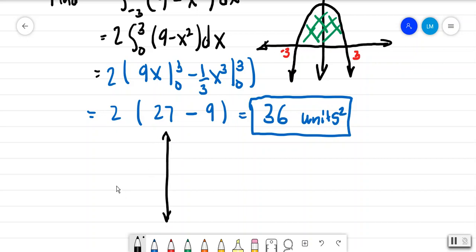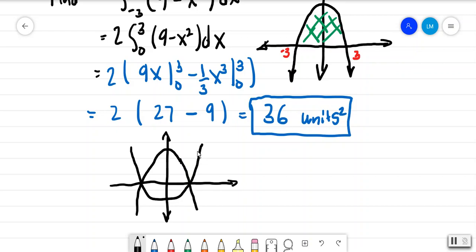Now, interestingly enough, you could work out a similar problem where, for example, you had two parabolas that overlapped, such as if you have something like this, and then you have another. Well, it's not very symmetrical, but what you would need to do is, let's say this is y equals a squared minus x squared.